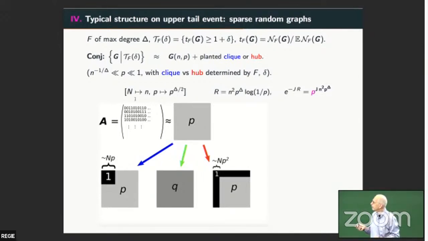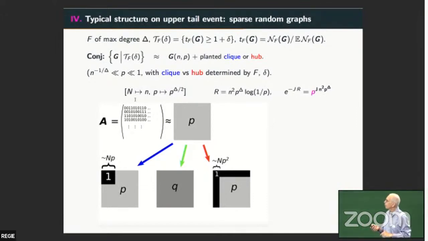The green strategy corresponds to looking from far away and simply changing the gray level to a darker one. The planted clique and hub correspond to finding somewhere, if necessary after rearranging the vertices in a certain order, a nice block full of ones, completely dark, black. The hub strategy corresponds to this box.